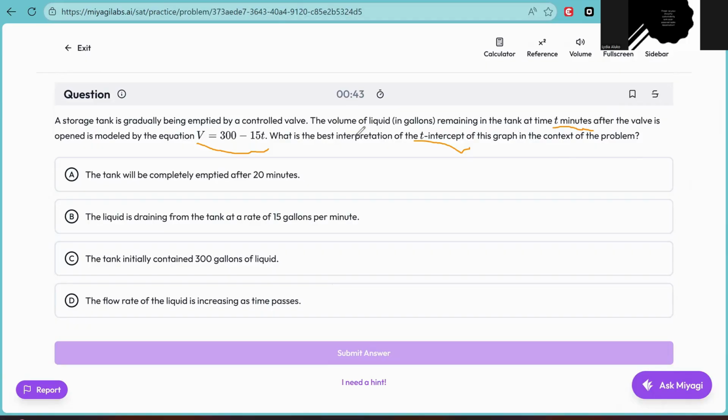Let's look at the given responses. A, the tank will be completely emptied after 20 minutes. B, the liquid is draining from the tank at a rate of 15 gallons per minute. C, the tank initially contained 300 gallons of liquid. D, the flow rate of the liquid is increasing as time passes.